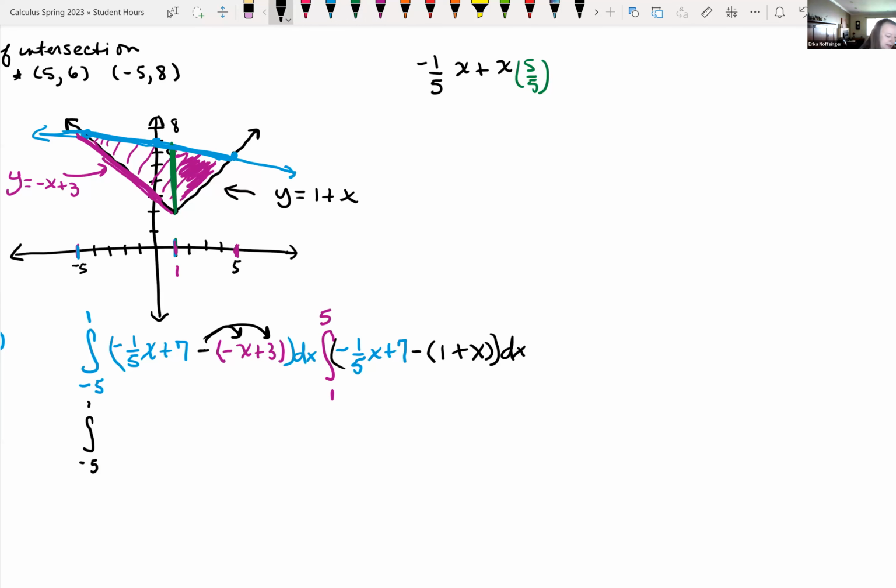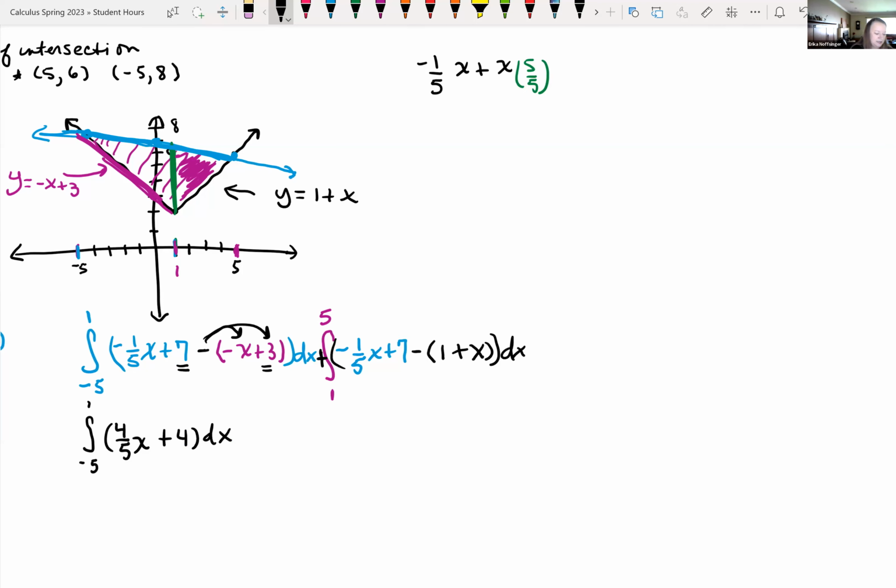That's going to give me a positive 4/5 x. And then I have this positive 7 for the first integral, and distributing the negative, this would literally be minus 3. So 7 minus 3, this is plus a 4. And then we have this dx. Should have a plus in here.